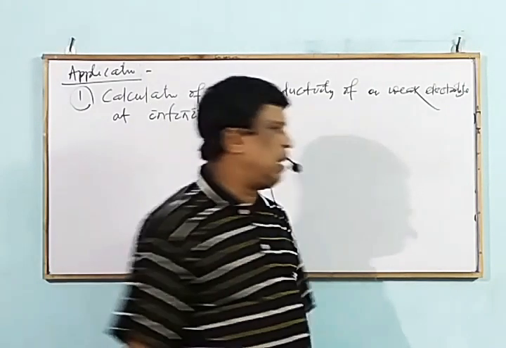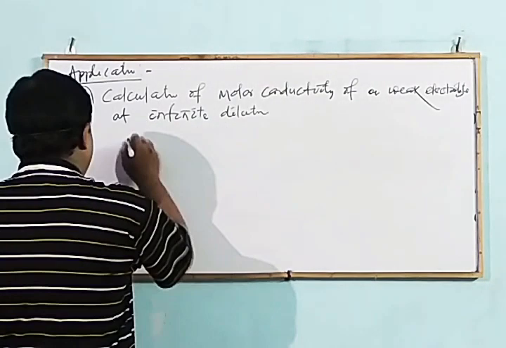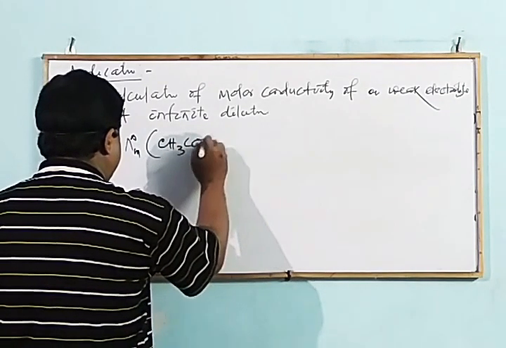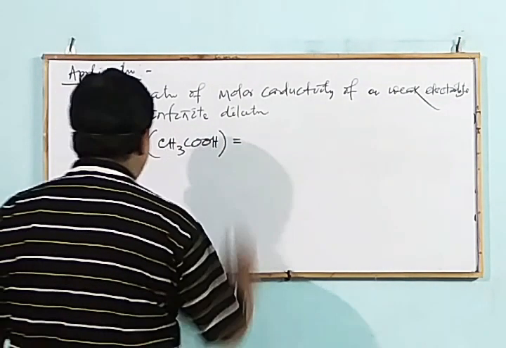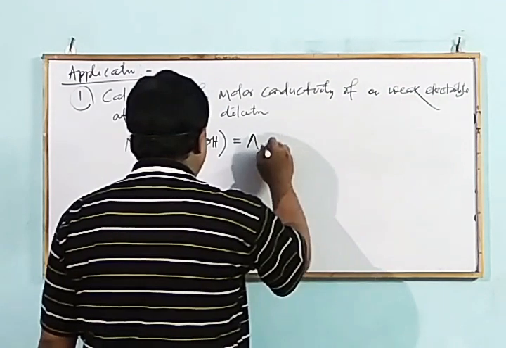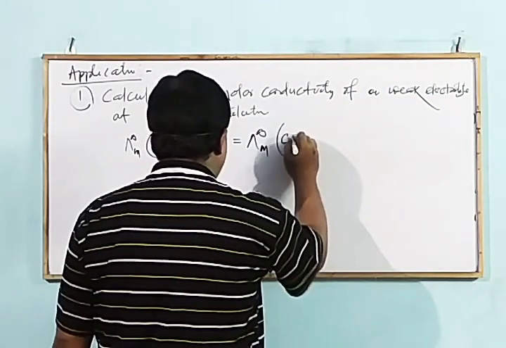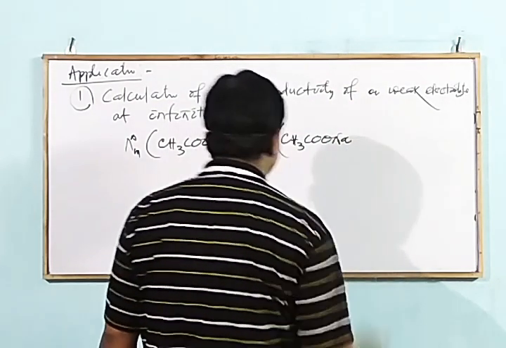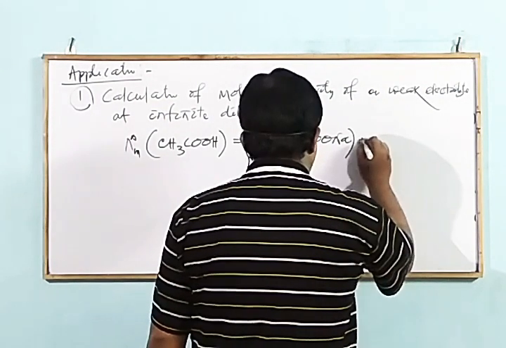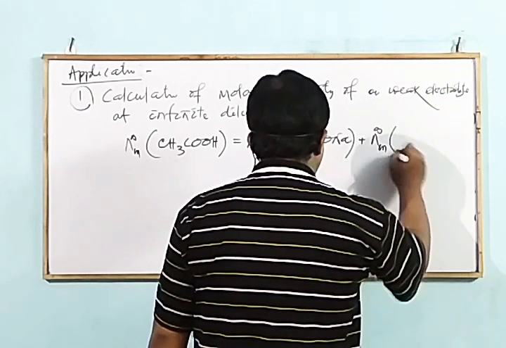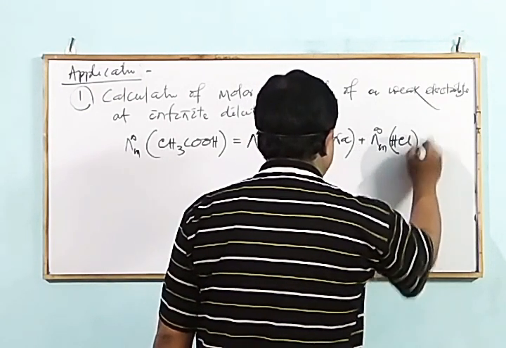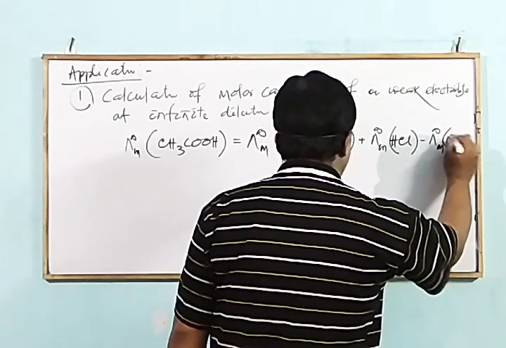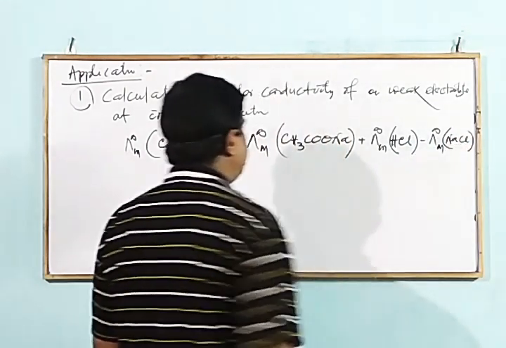For example, mark that, the molar conductivity at infinite dilution of acetic acid can be calculated by taking that of sodium acetate plus that of hydrochloric acid minus that of sodium chloride.